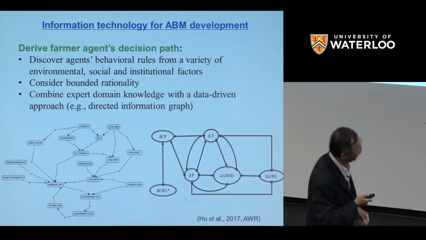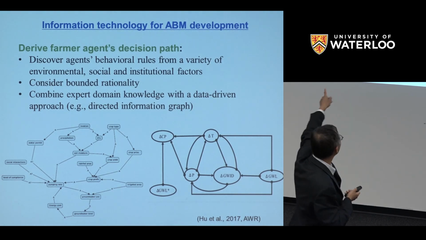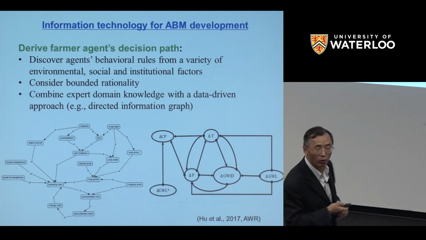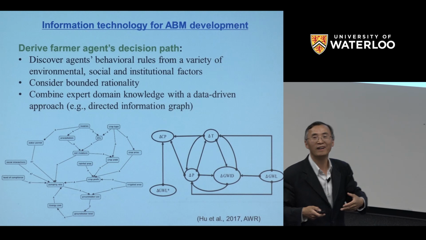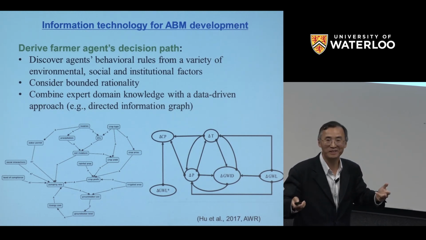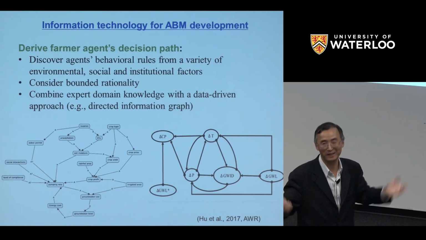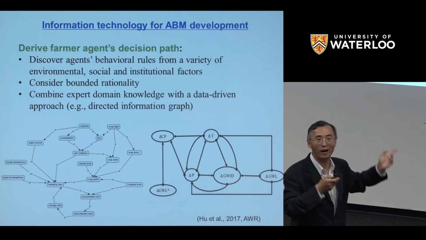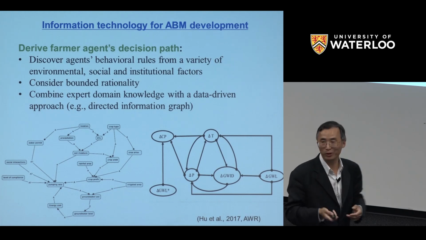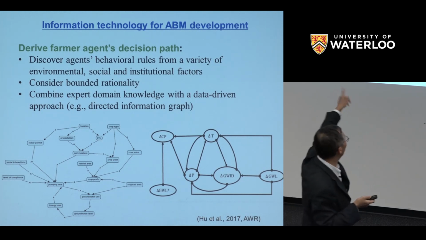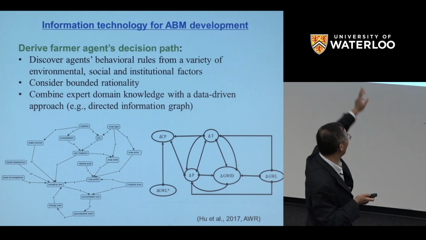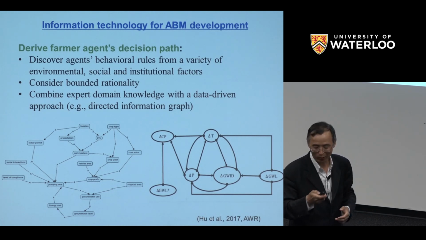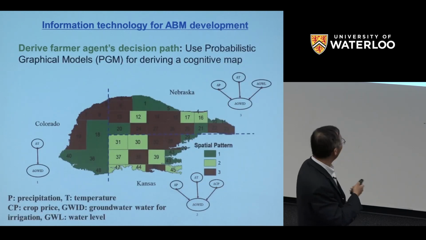And one of my recent PhD students used a directed information graph to dig out the rules embedded or hidden in data, right? We gathered all kinds of factors on irrigation pumping, and then we used advanced information technology like a probability-based information graph to dig out what the real rules are.